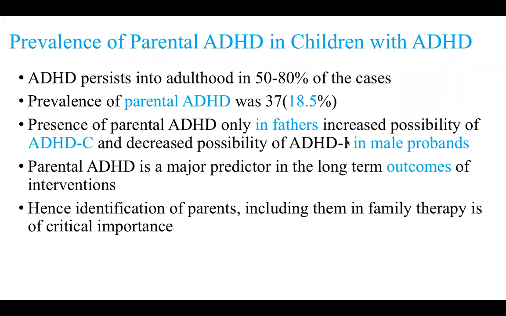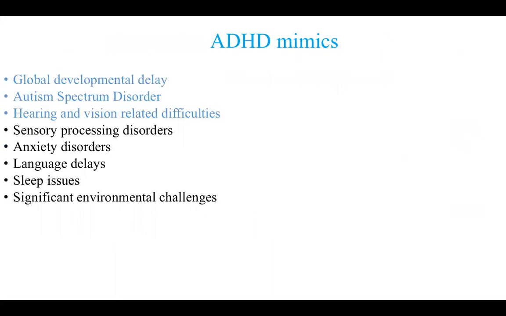The important part of ADHD, and now we are seeing this increasingly, is that ADHD persists into adulthood in almost 50 to 80% of the cases. I would say around 50% of the cases for sure. So it is important that the child learns mechanisms as they grow, how to control and manage his ADHD, and does not fall to the bad consequences of ADHD in adulthood.